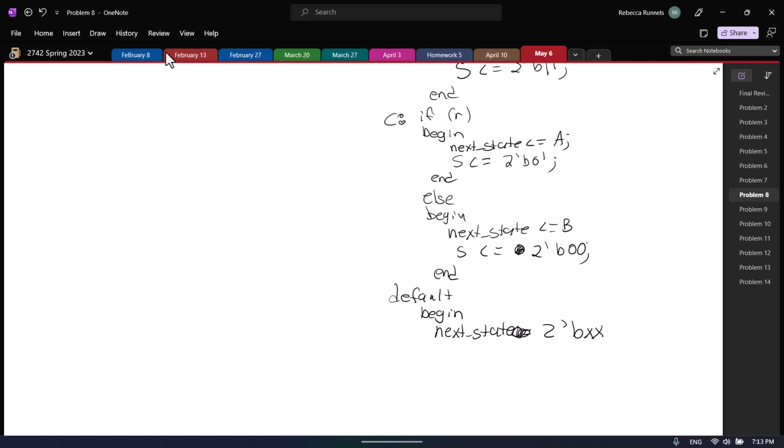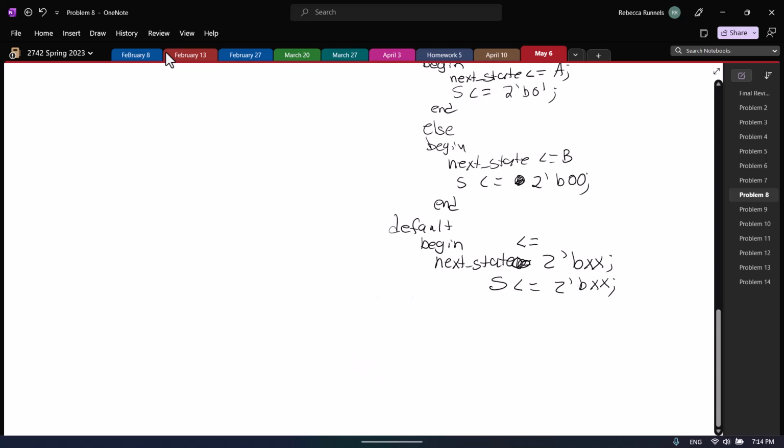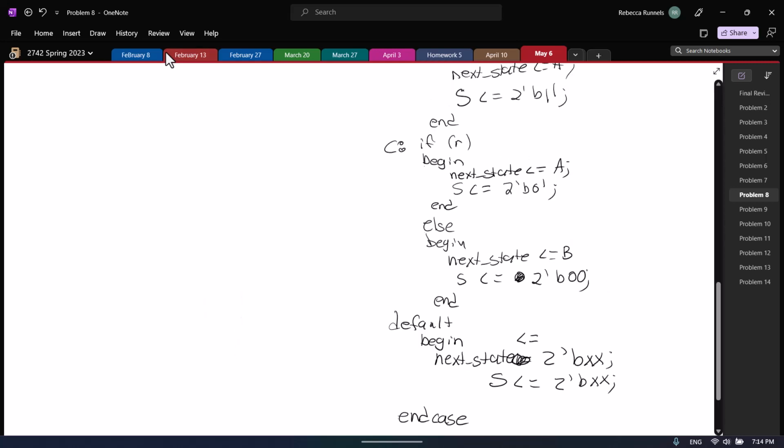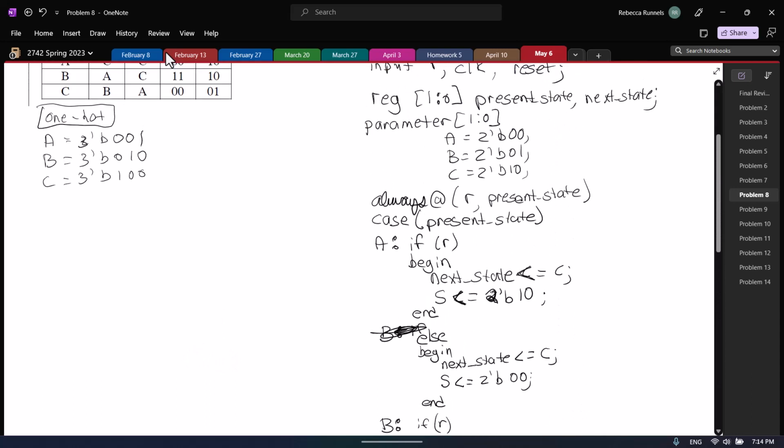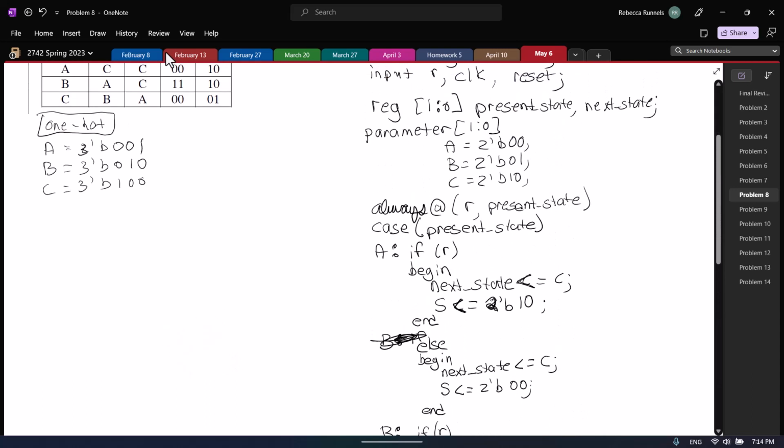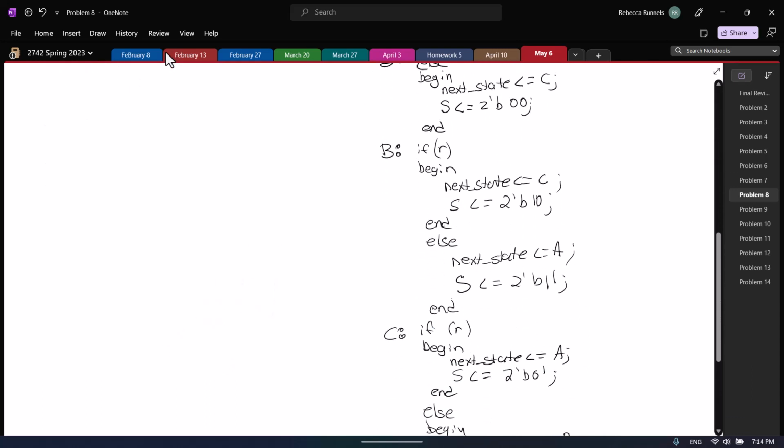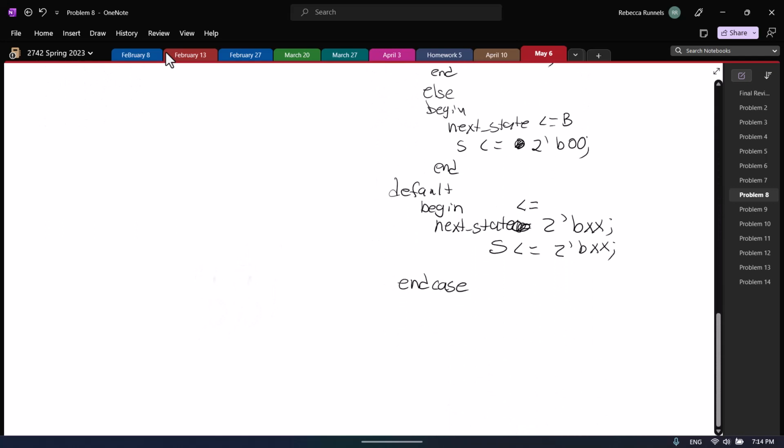Oops, I need that to be non-blocking. And S, also I'll have 2'bxx for don't care. And then I will end case. And this would be the end of my always block. I didn't have a begin on my always block because I just had the single case statement. If I did have a begin, then I would have an end here.